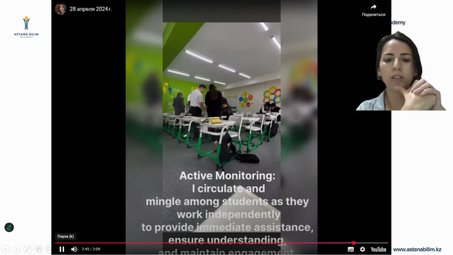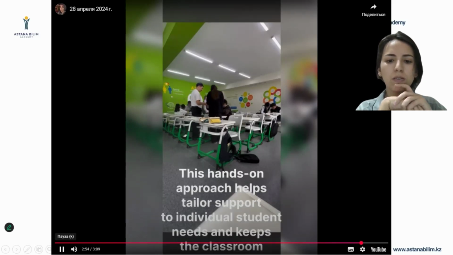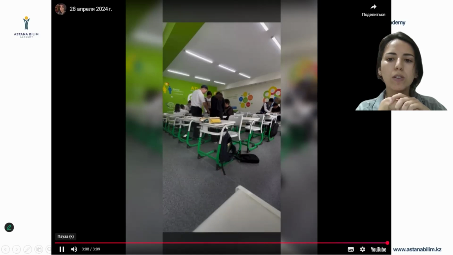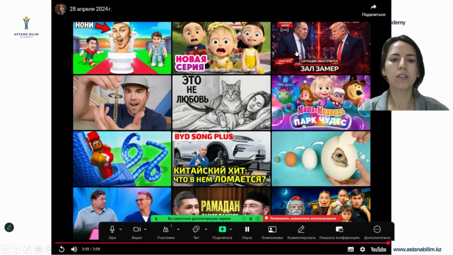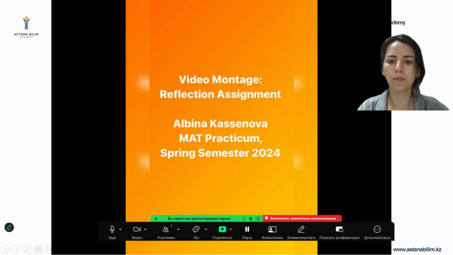Teacher is circulating and mingling among students. Students are engaged. They are all busy with the activity. For example, if one pair needs some support, she is there.